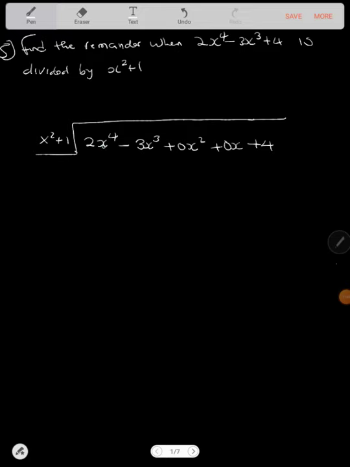x squared into 2x to the power 4, you get 2x squared. Remember, there's squared, so here there's 4, so it will just remain with 2x squared. Then this times this, you get 2x to the power 4.